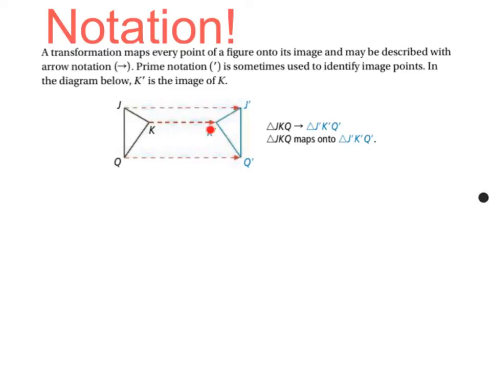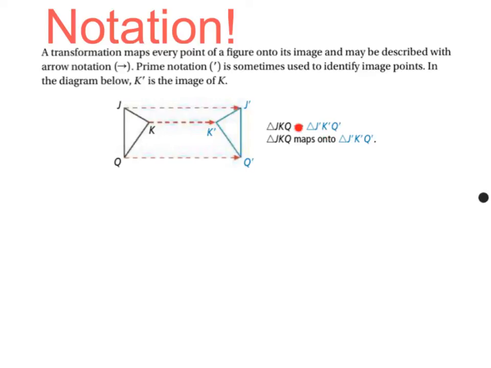So here's K prime. That means K is our original or the pre-image, and K prime is the image. Likewise, J is the pre-image, and the image of J is J prime, and Q's image is Q prime. And so we could say triangle JKQ maps, that's the arrow, to triangle J prime, K prime, Q prime.